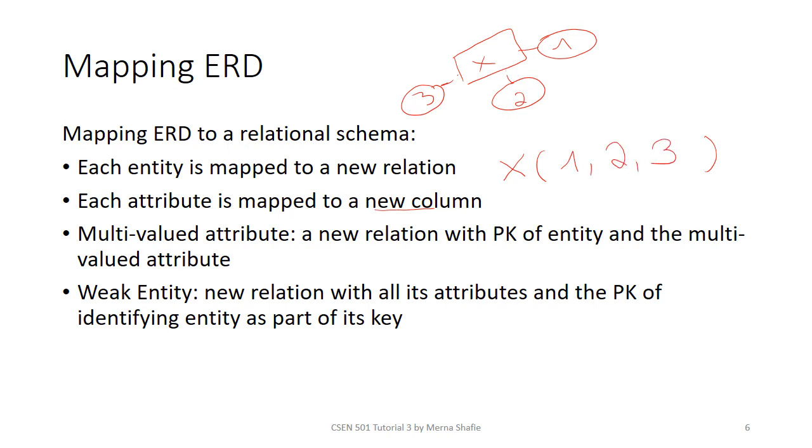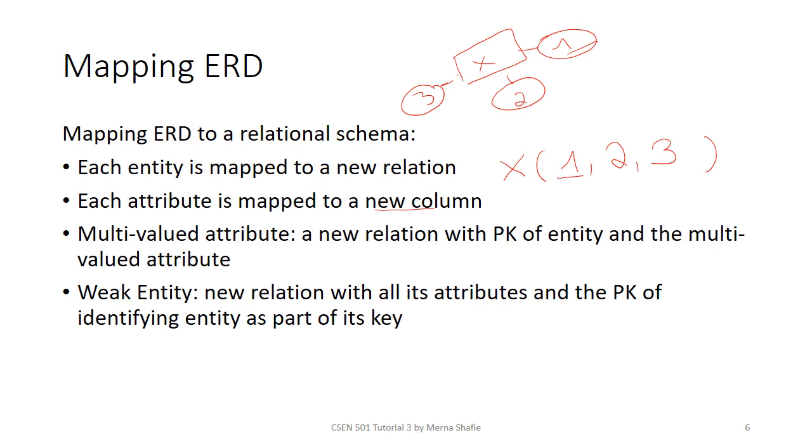So this states that I have a relation named X with the following 3 attributes. If 1 is my primary key, I will underline it here also.